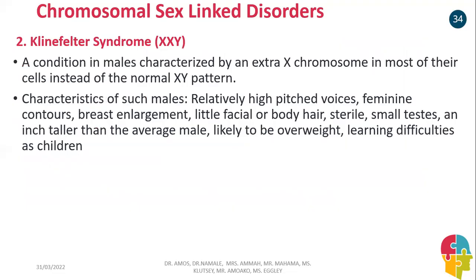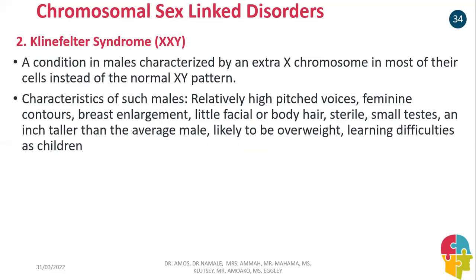The other condition we want to look at is Klinefelter syndrome. This occurs in males. Males are supposed to have their sex chromosomes to be XY. But in Klinefelter syndrome, these people have their chromosomes to be XXY.